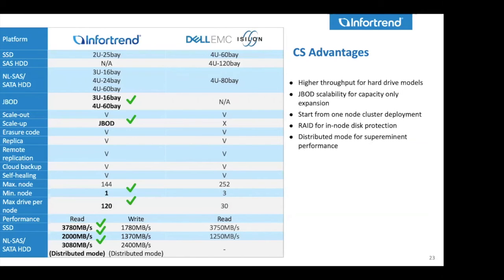They have in-node disk protection. It would probably be fair to say that Infortrend is certainly much more cost effective than Isilon or Qumulo, although potentially it may not have all the feature sets that are required for price per terabyte or price performance. It certainly is a very attractive proposition.